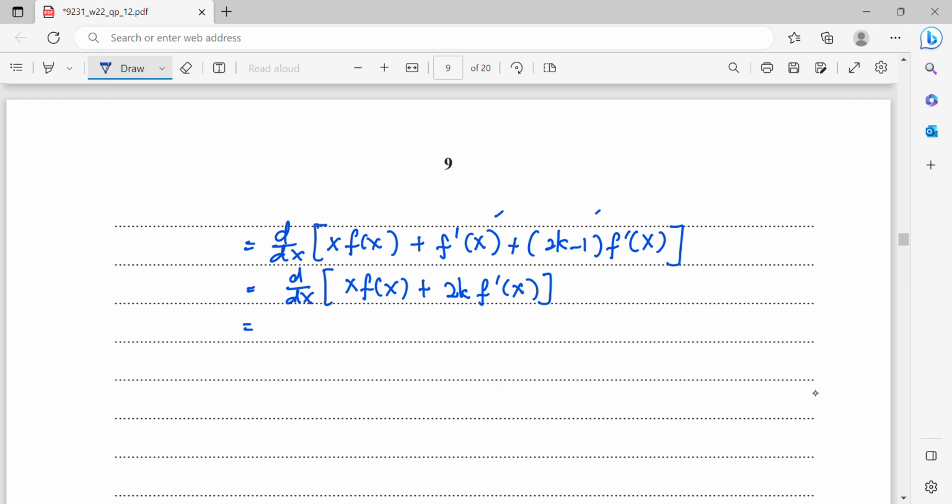So again, keep the x, differentiate f(x) to get f'(x), plus keep the f(x), differentiate x is 1, plus 2k f'(x) becomes f''(x). So again, f''(x) is f(x), which is given in the question.